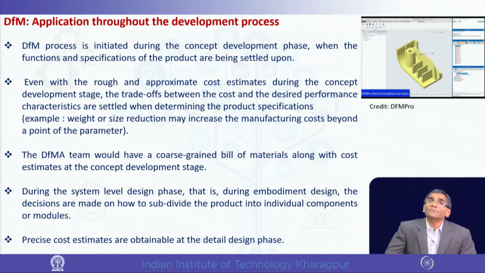The bill of materials says which materials and how many would be required. During the system level design, that is the embodiment design level, it is broken down into subparts or subdivided. Precise cost estimations are available in the detailed design process.